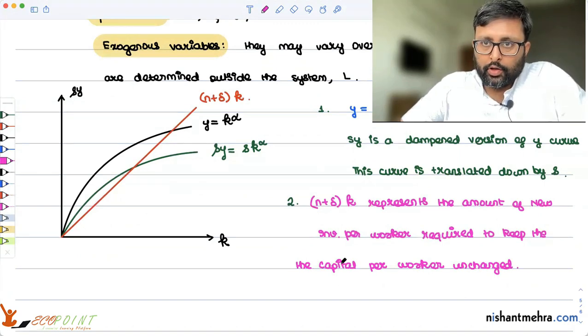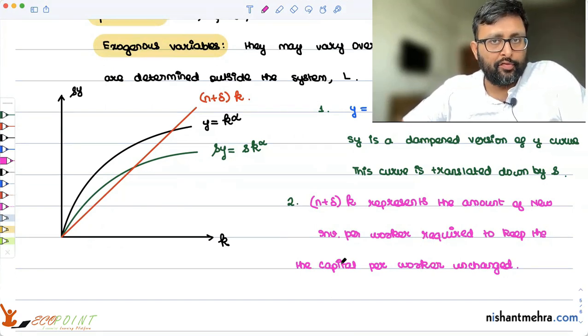That's what it is. Your k dot is what? s small y minus n plus delta k, right? And replacement investment per worker is that. So everyone has, let's say, 5 units of capital per worker. And you have invested 10 units of capital per worker.